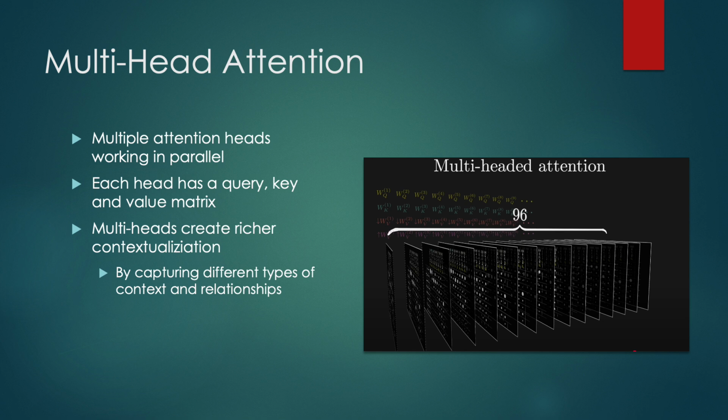And the power of multi-heads is that it creates a super rich context for the machine to develop an understanding of what's going on. And this creates different contexts for the model, as well as different relationships that will tie things together.